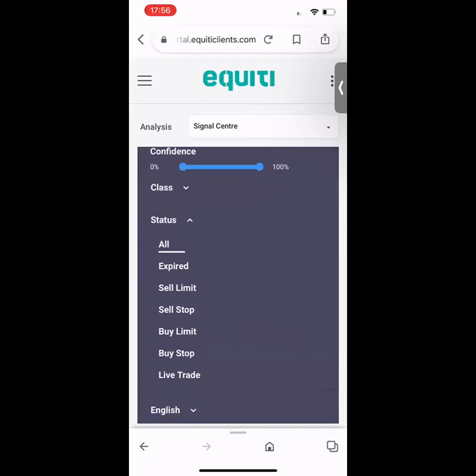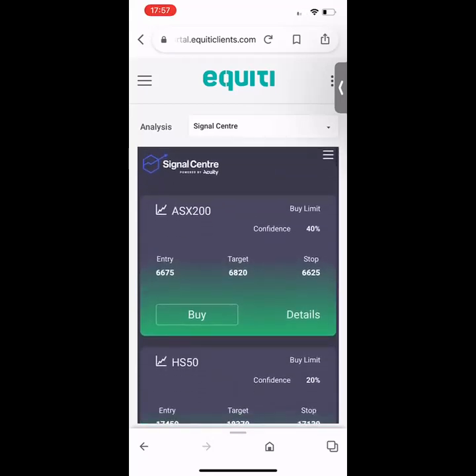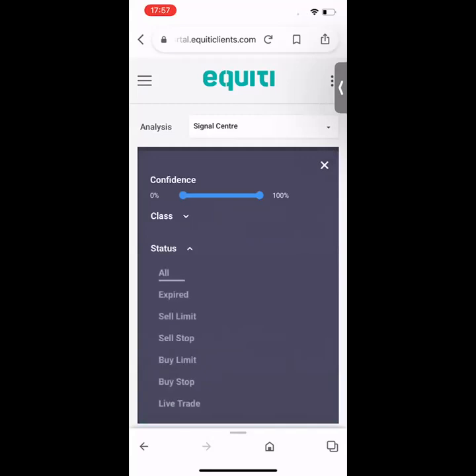Or you see the sell limit, the sell stop, the buy limit, the buy stop, and also trades whose entry conditions have been met, so the trade is currently running. We will see them as live trades. For now, I'll still leave the status as all, and of course our language is English.